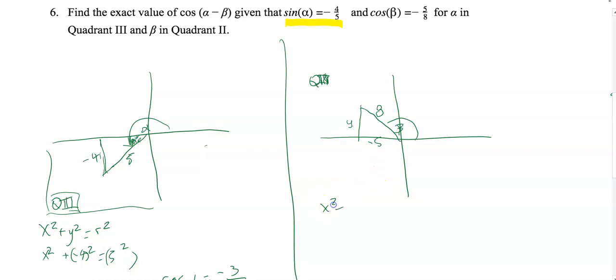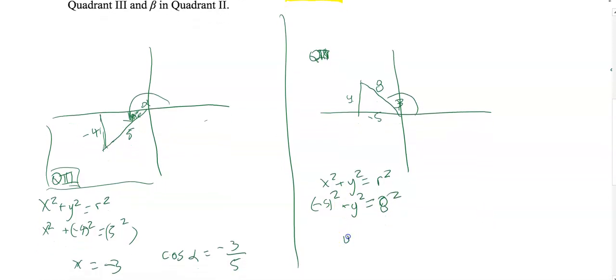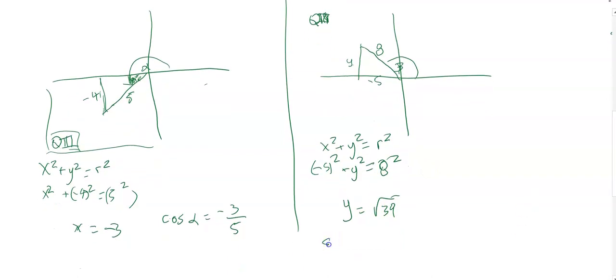We know x squared plus y squared is equal to r squared. Plugging in, -5 squared plus y squared is equal to 8 squared. Solving for y, we get y is positive because we're in quadrant 2, radical 39. So the sine of beta is equal to radical 39 over 8.